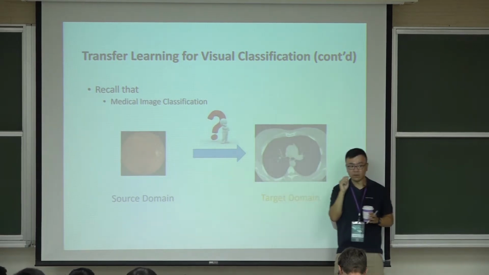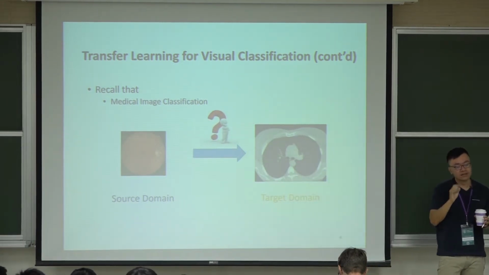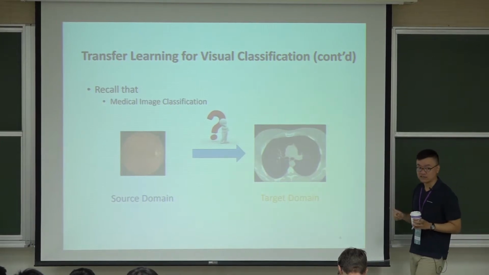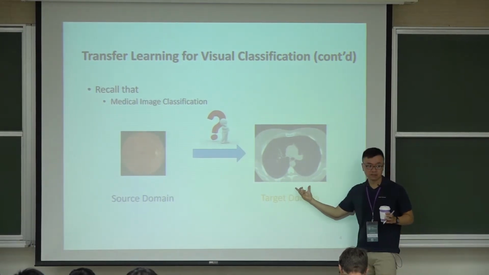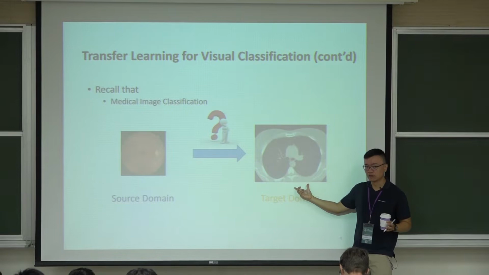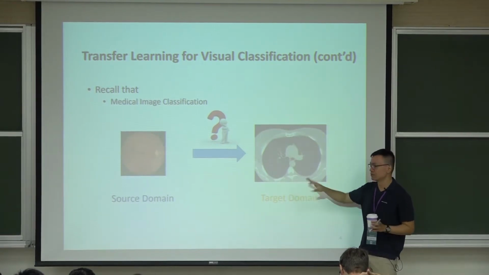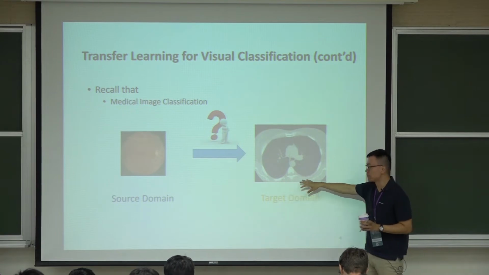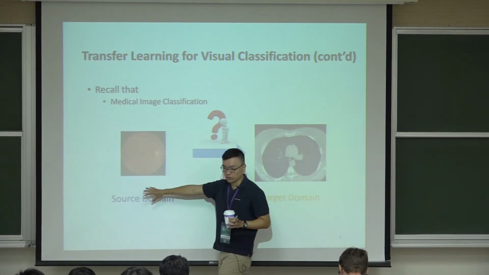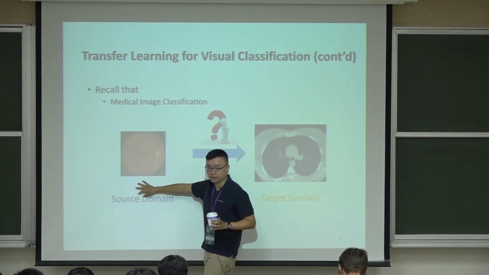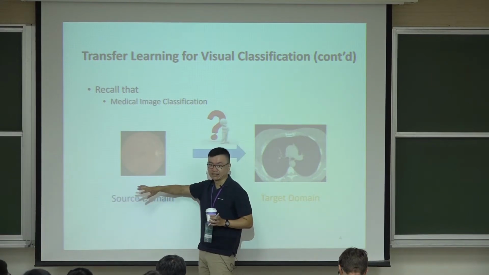So what they want to do is still to do good classification using this data, maybe with lower resolution, maybe noisier data, etc. But can they borrow the information from the images with high resolution, with clean data?